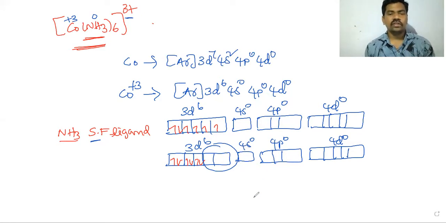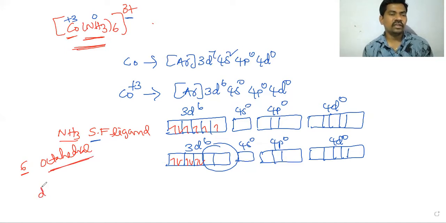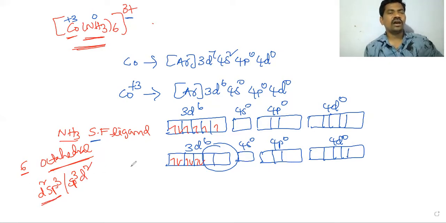The coordination number is 6, so the geometry will be octahedral, and the hybridization is either d2sp3 or sp3d2. Whenever inner orbitals are involved in hybridization, it is d2sp3.